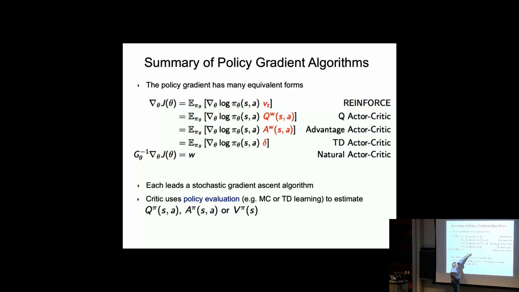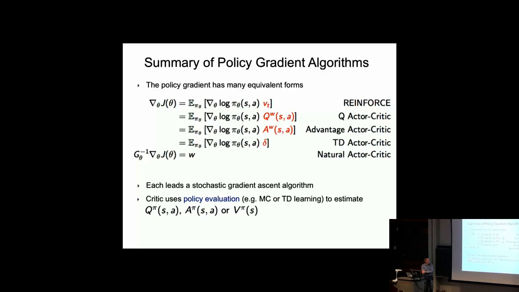And so we can design algorithms using any of these things. And then the last one we saw is the natural actor-critic algorithm. Then in fact, the interesting thing is that this quantity is just w, the advantage function parameters.